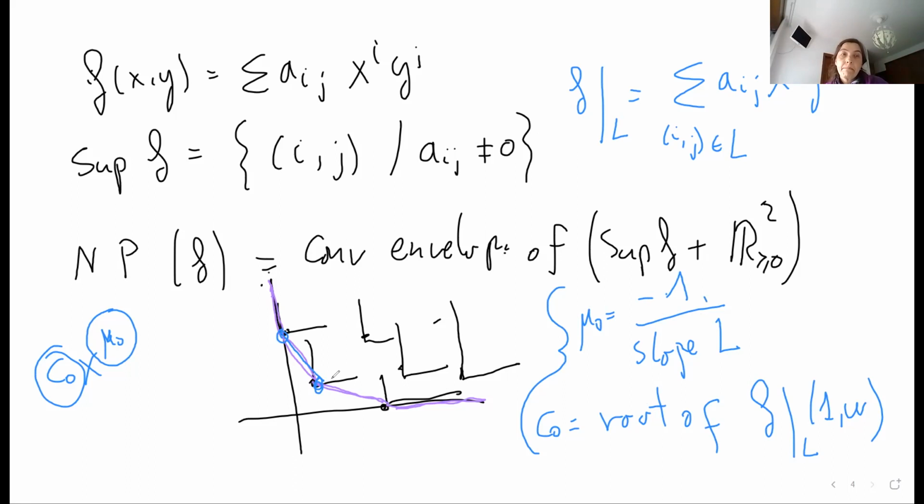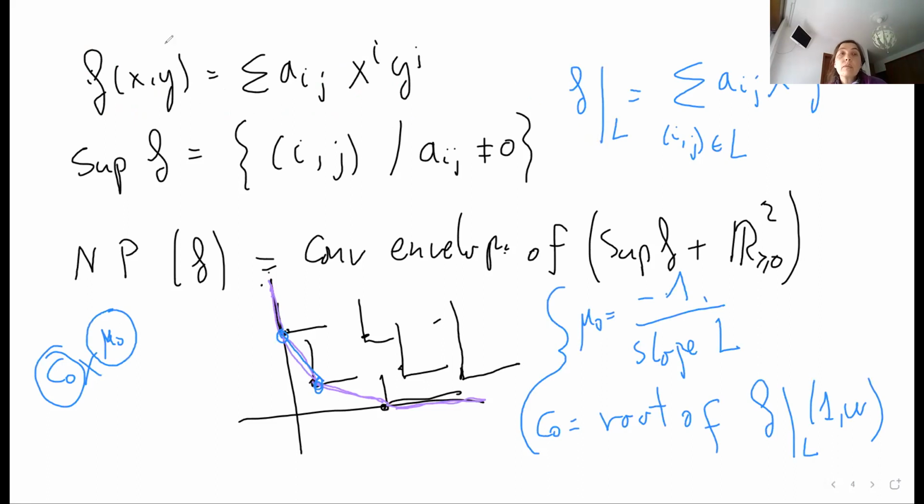How do we say the same thing? Actually, this is the same as saying that c_0 x^(mu_0) is a solution of f restricted to L. It is exactly the same.